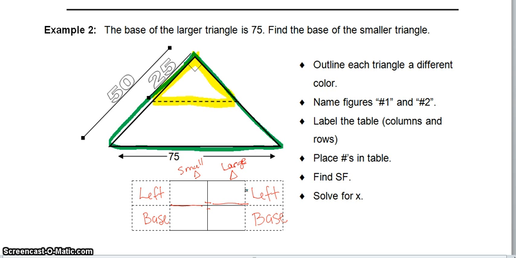And then I just fill in the blanks. So I look at the small triangle. I have 25, and then this is what I'm looking for. This is my x, the length of that side, the base. So I have 25 over x. And then I look at the large triangle, and my left side of the large triangle is 50. It's the full length there. So 50 over the base, which is 75. See right there.